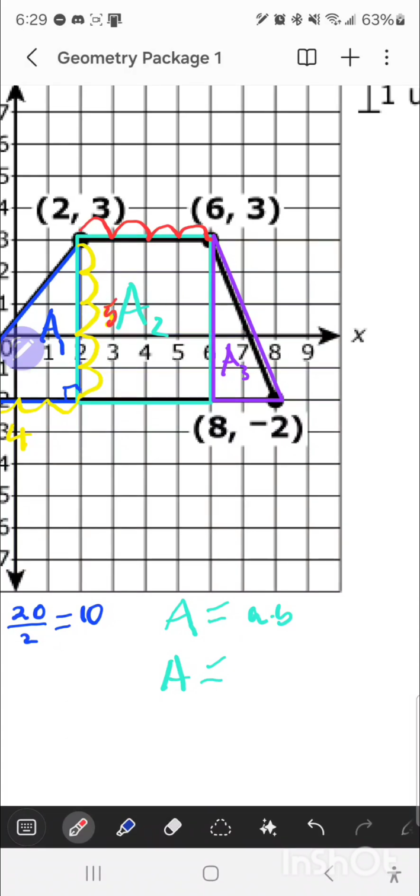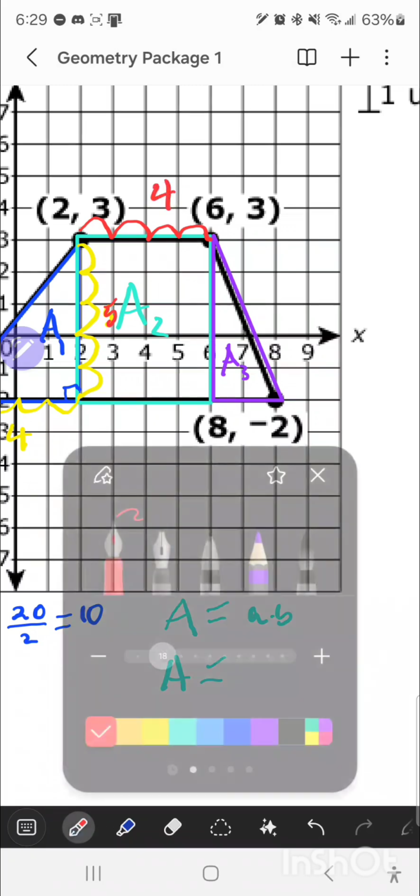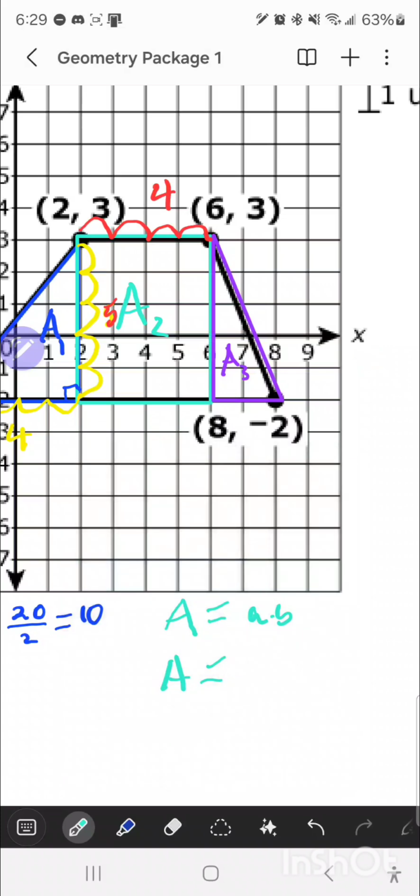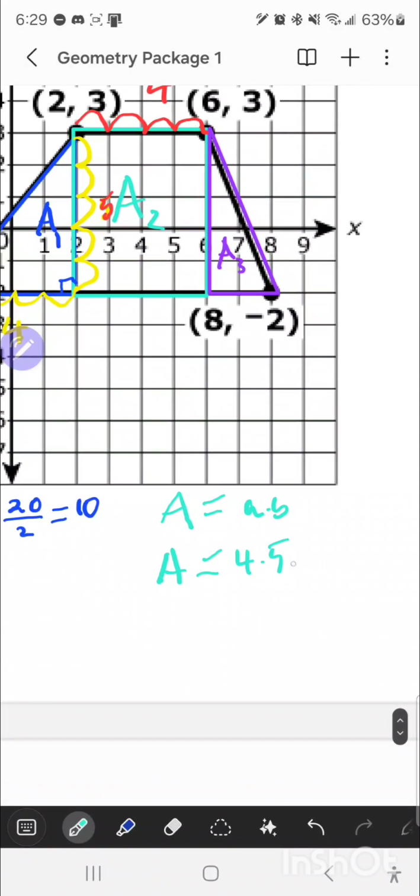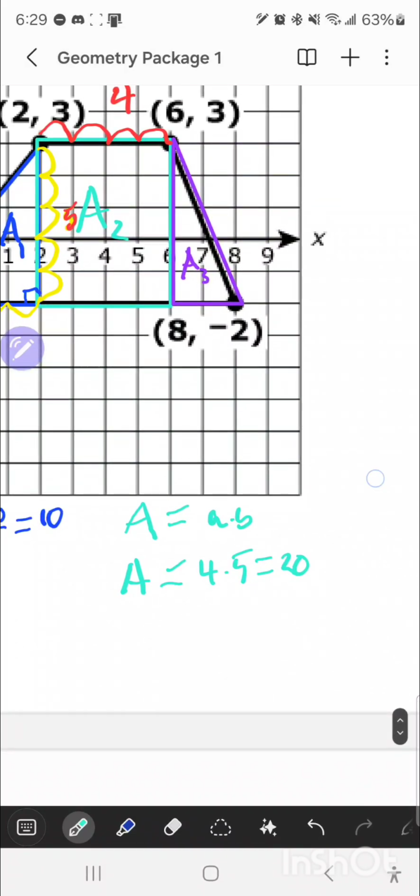It's the exact same as the triangle, but without dividing by two, basically. So it will be 4 times 5. 4 times 5 is just 20. So this is 20 square units.